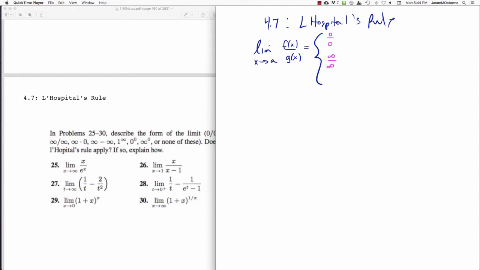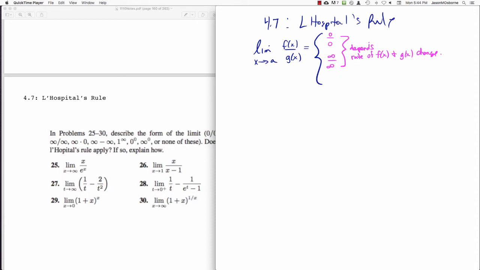These are both examples of indeterminate forms, and we've decided that the answer for the limit depends on the rate of the functions f and g, how the rates of the functions change.